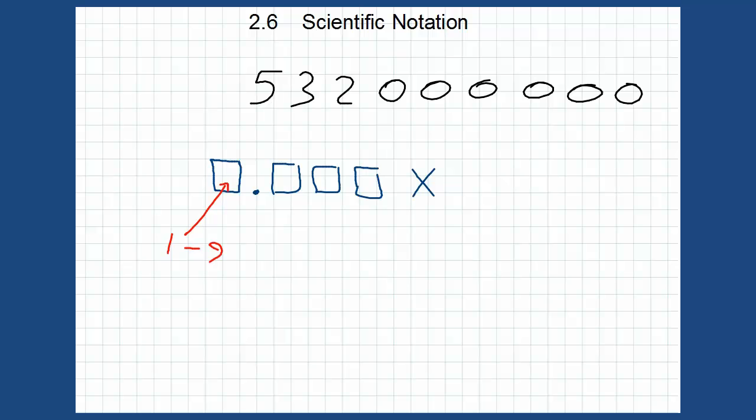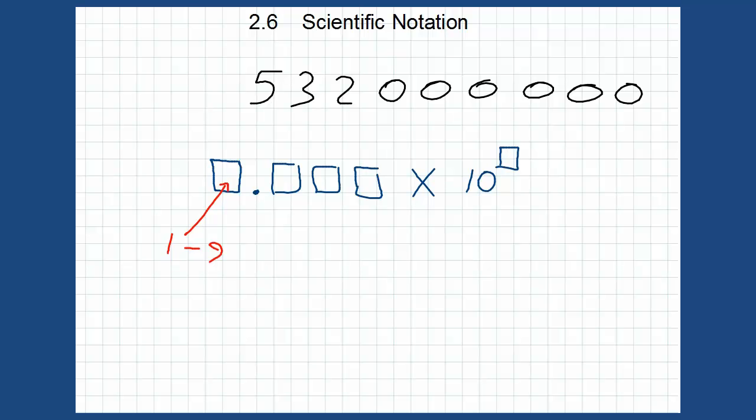And then it is multiplied by 10 to a positive or negative power. It depends on the number we are converting from the usual writing to the scientific notation writing.